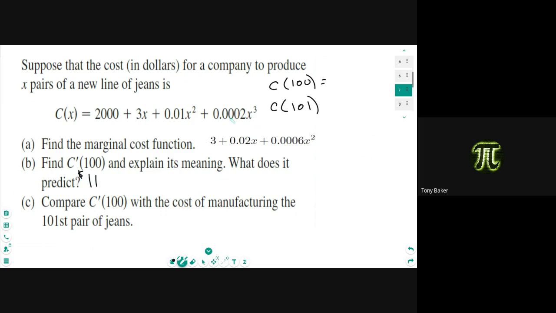So how much does the 100th pair of jeans cost? You're plugging it into the C, not the derivative. What was it? 2,600? And how much does the 101 pairs of jeans cost?